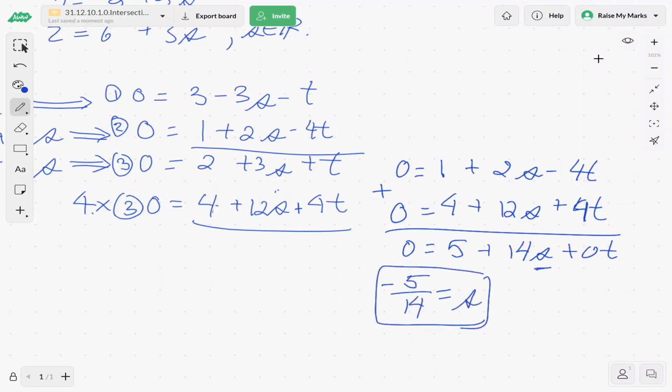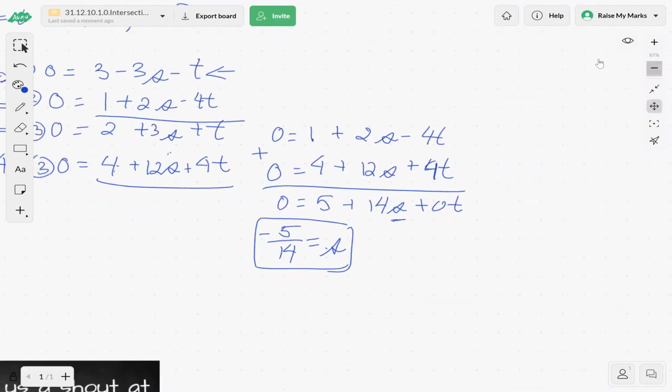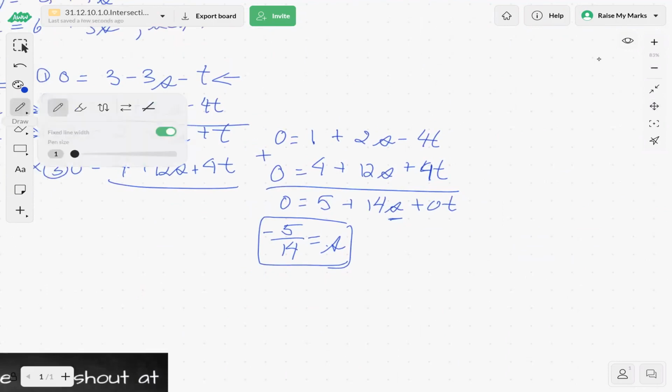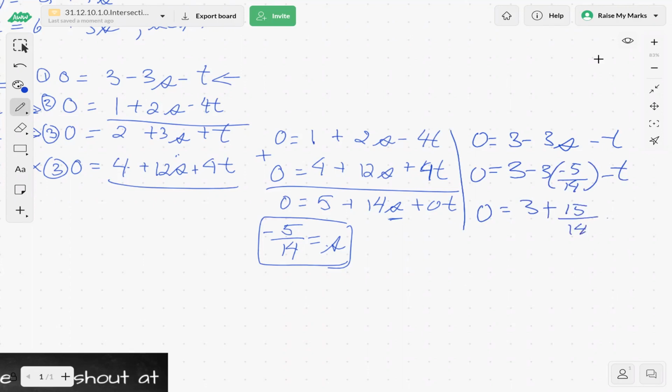Oh, okay. Let's see if this works. All right, so we have an s value. So let's plug it in here and see if we can find t. So equation 1: 0 equals 3 minus 3s minus t. So we have 3 minus 3 times negative 5 over 14 minus t, and that equals 0. 3 plus 15 over 14 minus t.